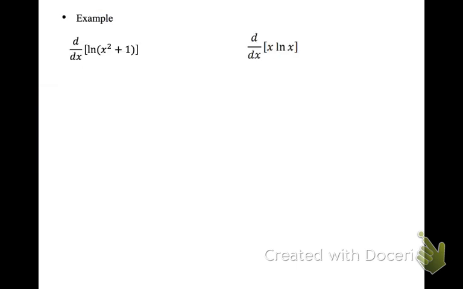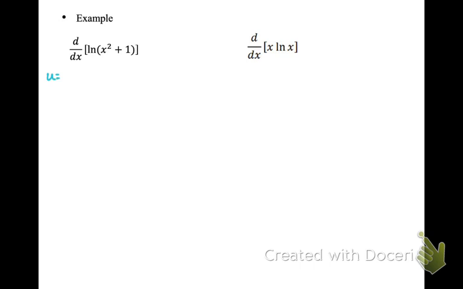Okay, so now I have d/dx of the natural log of x squared plus 1. So basically, we're just going to do a bunch of examples. So the first thing I need to do is identify the u and the non-u. If you have a derivative roll sheet, I would highly suggest you put this on there.